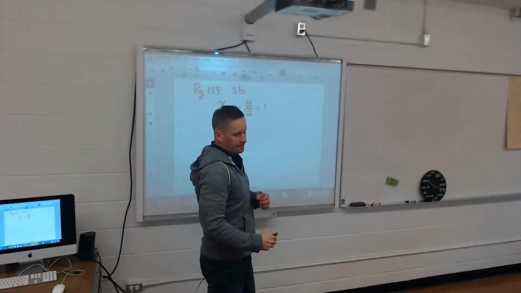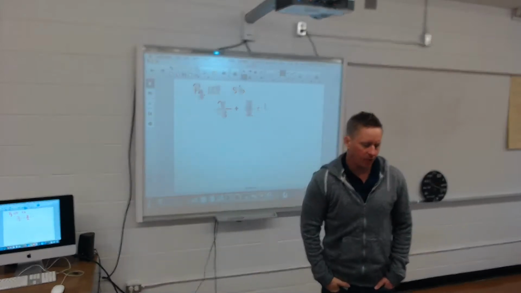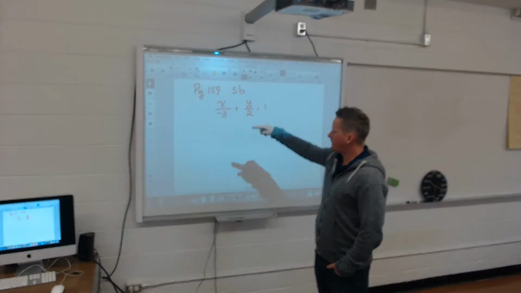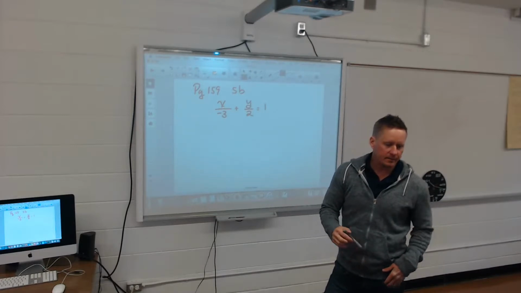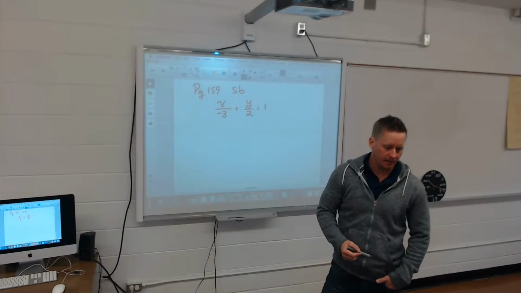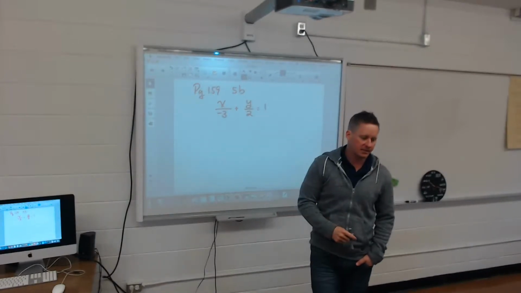Okay, so the one thing I don't want to have when it comes to general form is I don't want fractions. So I need to get rid of the 3 and 2 from the bottom of the fraction. So what I like to do is multiply it by the common denominator. The common denominator between 3 and 2 is 6.